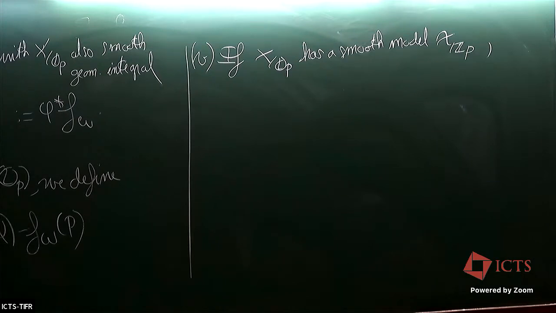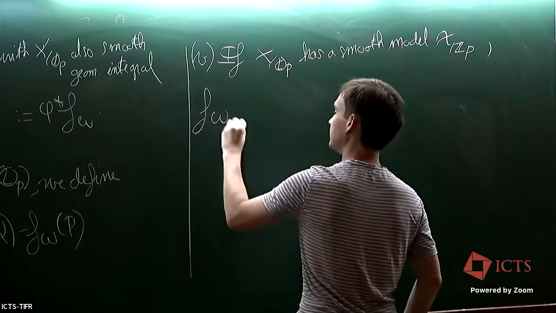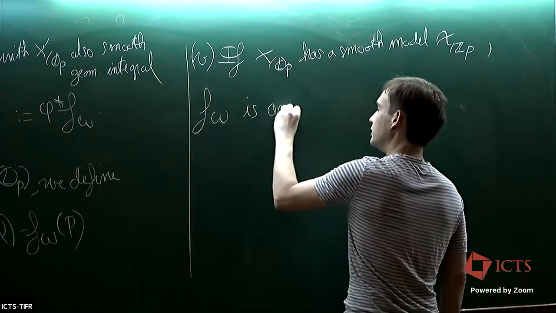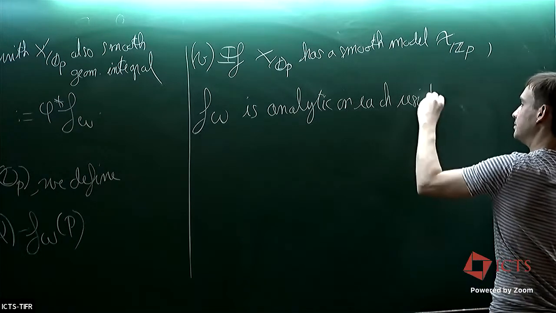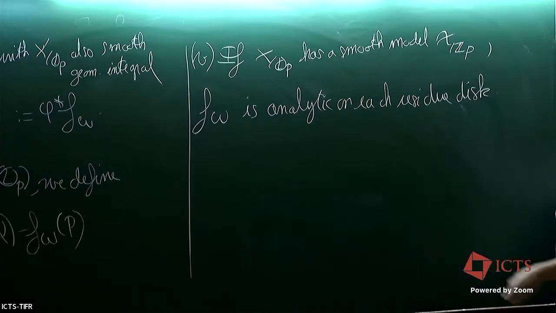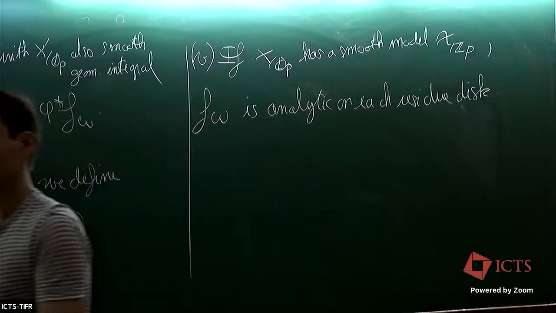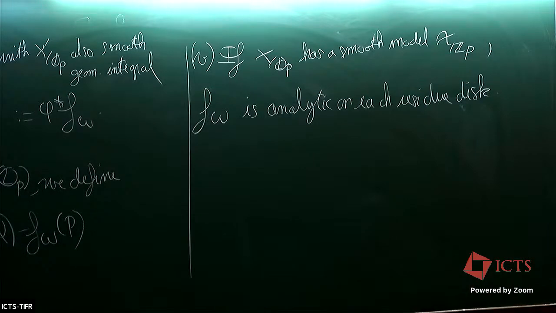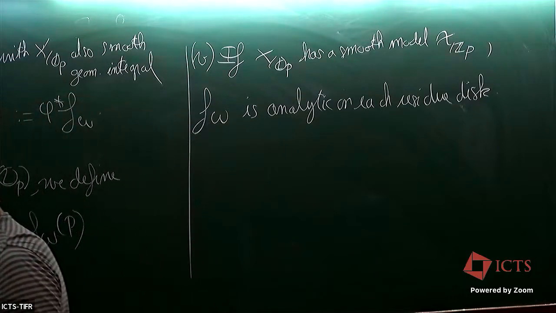So I have natural candidates for the local analytic open subsets. And now F omega is analytic on each residue disk. It means it has to be a power series on these disks. So then I can really calculate with the expansion of omega what should be the primitive. I don't have any choice in the matter in this case, right? Just for consistency. And I will explain very soon what it means for curves. And you'll see it ends up being very simple.